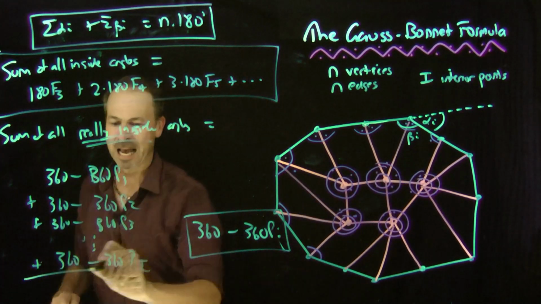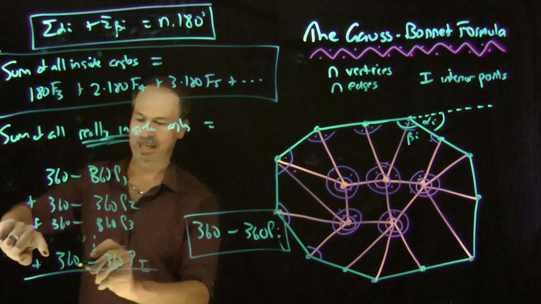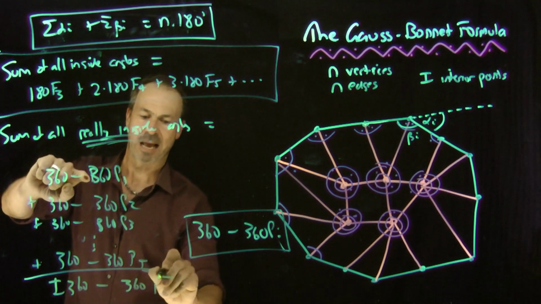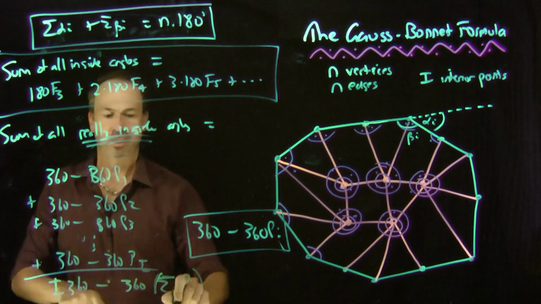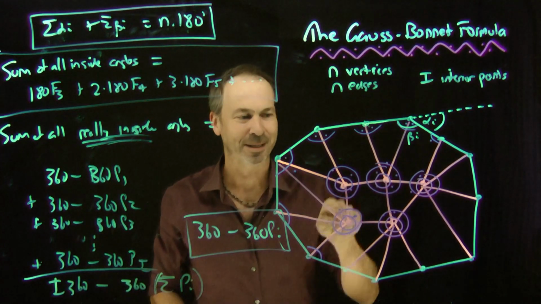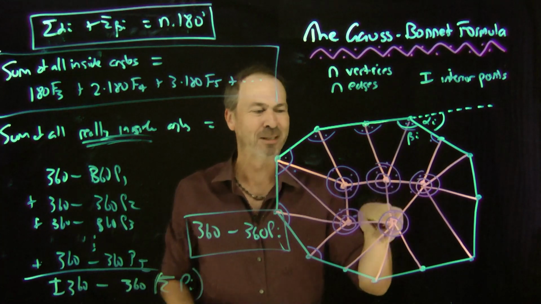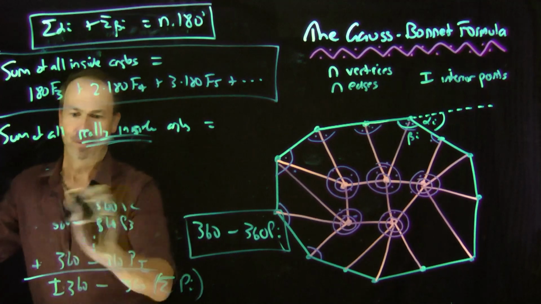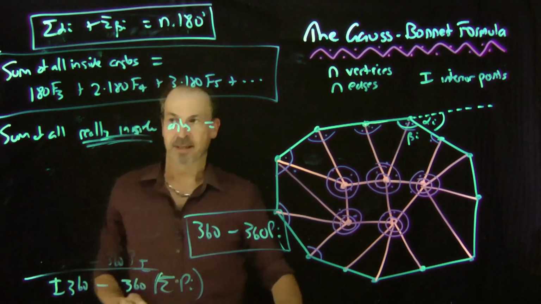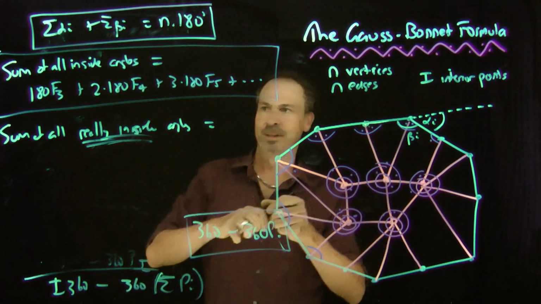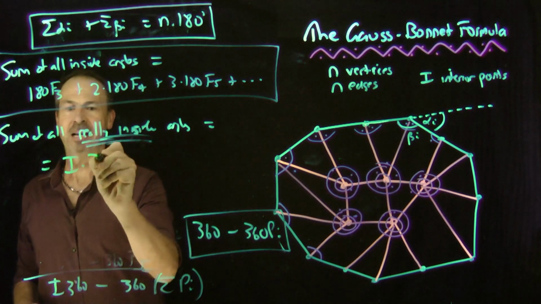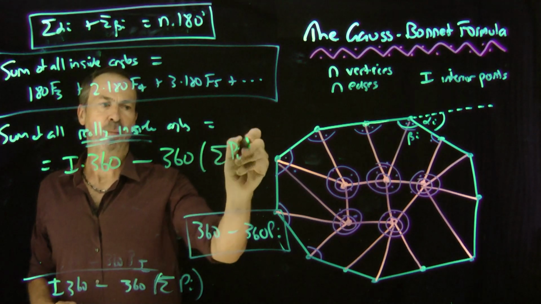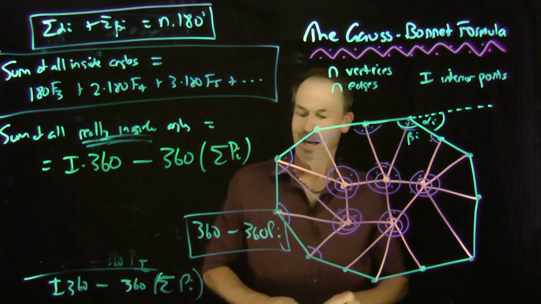So summing all those up, I'll get I groups of 360, minus 360 times the sum of all the pointiness. The total pointiness, the pointiness there, plus there, plus there, plus there, plus there. Bad board technique, let me write this more neatly. The sum of all the really inside angles equals I times 360 minus 360 times the sum of all the pointiness inside the polygon.